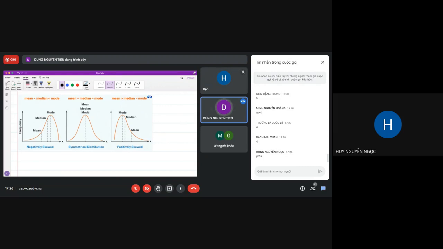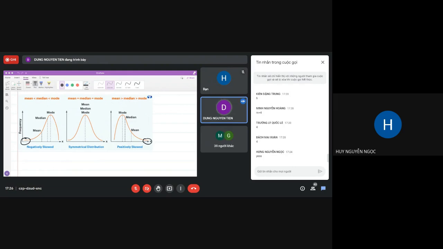If the distribution is positively skewed, then the mean is greater than the median. It means that the mean value is closer to the outliers, and the mean could be heavily influenced by the outliers, the strange values. Okay, do you understand? All right.